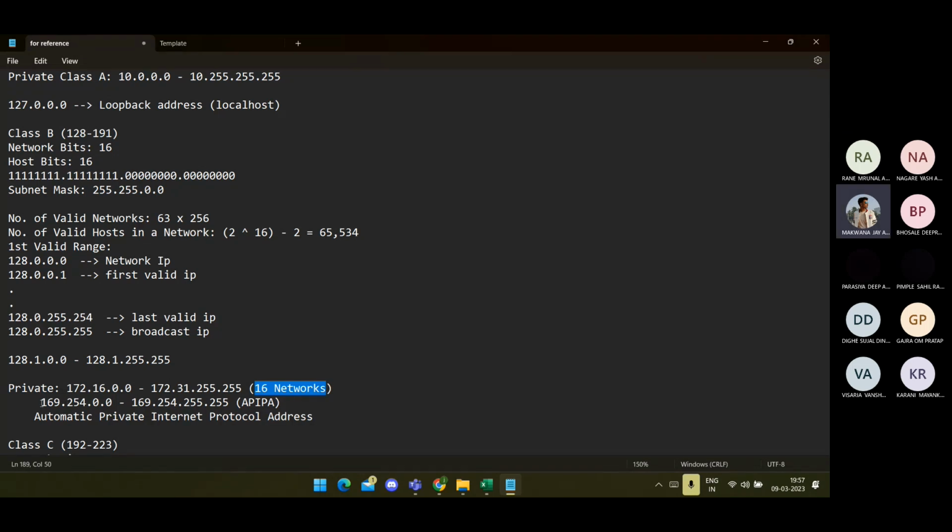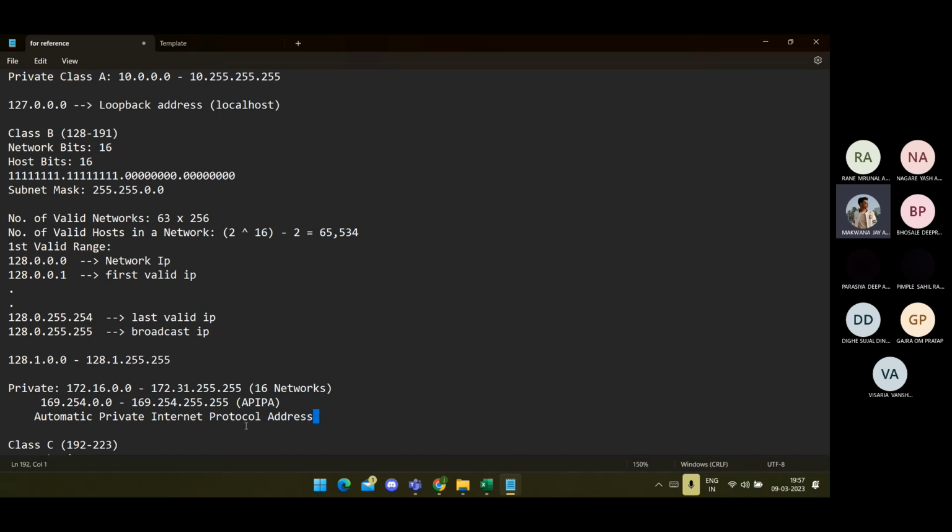And there is again one range which is defined as APIPA, that is 169.254.0.0 to 169.254.255.255. The full form of APIPA is Automatic Private Internet Protocol Address.